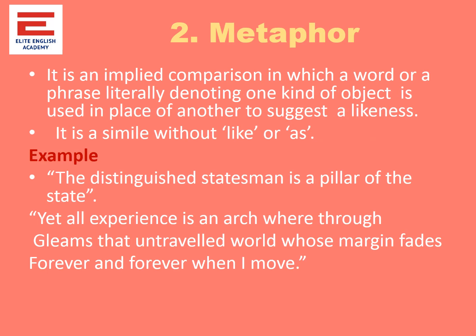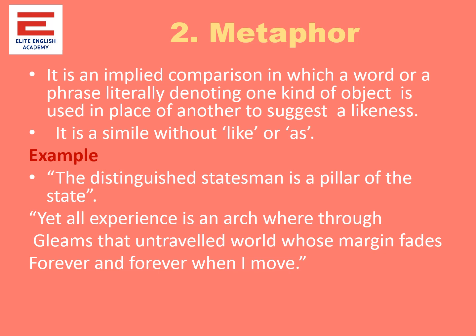The second one is very interesting. It is almost the same as simile, but the comparison is hidden, without the words like and as. So it is an implied comparison in which a word or a phrase literally denoting one kind of object is used in place of another to suggest a likeness.